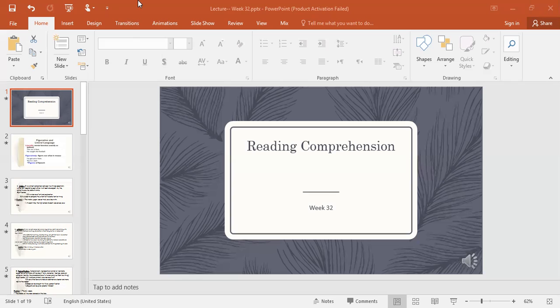Okay, guys, let's start. We start with those who are here, those who attended. So today we are going to start with a new reading lesson, but this reading lesson is based on the same theme that we have covered the week before. Remember when we talked about the student who suffered from dyslexia?